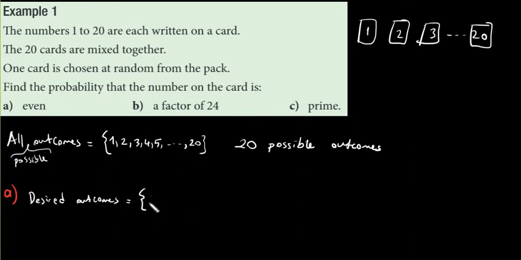The even numbers are 2, 4, 6, 8, 10, 12, 14, 16, 18 and 20. We don't continue because we choose our desired outcomes from all possible outcomes. So how many desired outcomes do we have here? 10 desired outcomes.